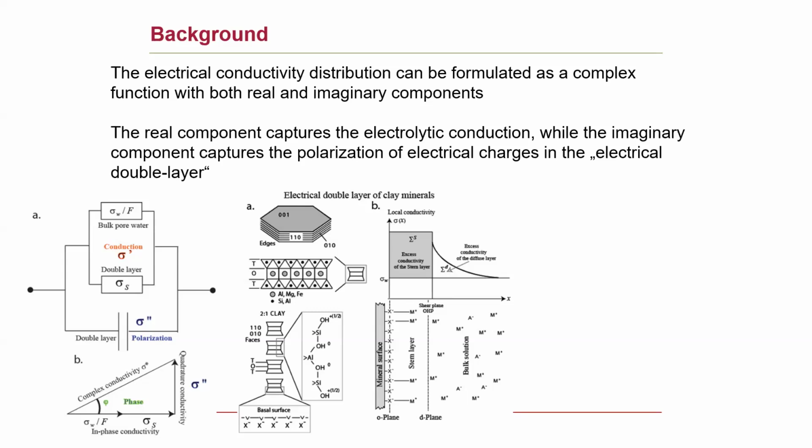Now, what we've been measuring as electrical conductivity, we've found out, is a complex function. And if you take your mind back to high school mathematics, you recall that a complex function has two parts. One is the real part. I sometimes tell students to take it as the x-axis, the real part.